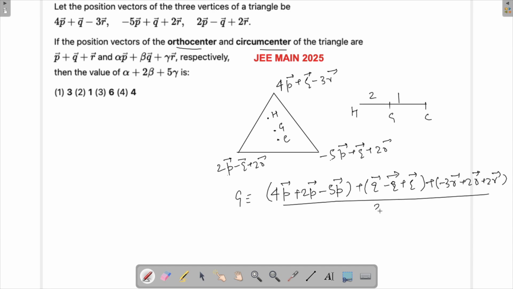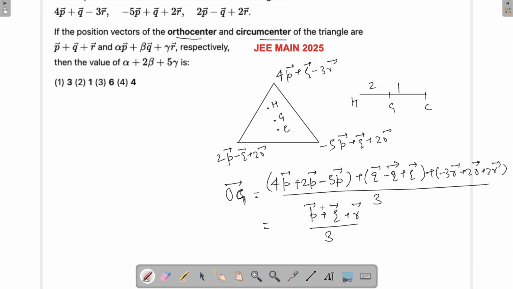So this is the position vector of the centroid, OG. Adding up, the p coefficient is 4 plus 2 minus 5, which is 1. The q terms give q, and the r terms give r. So we got our centroid as (p plus q plus r) by 3.